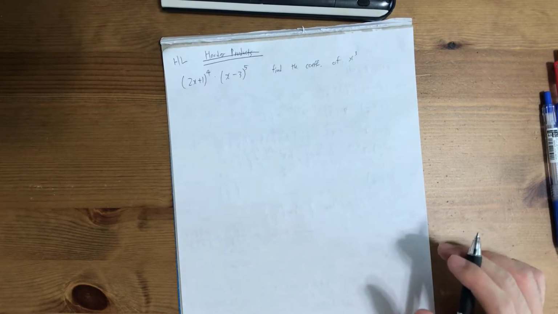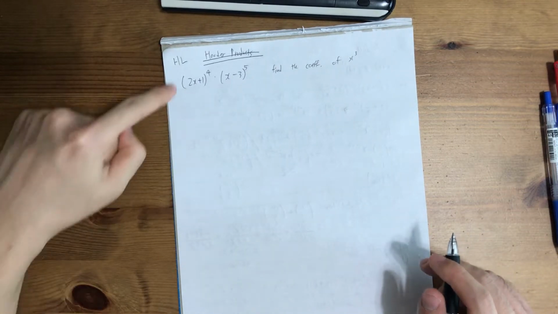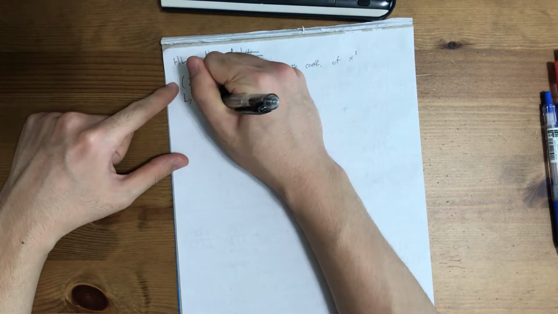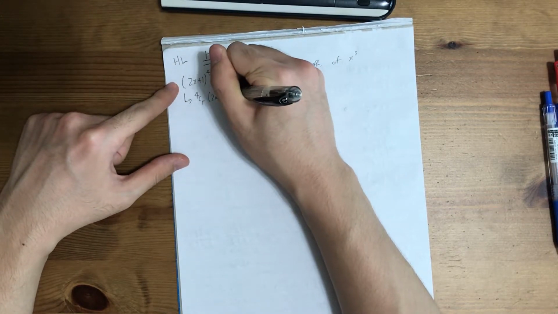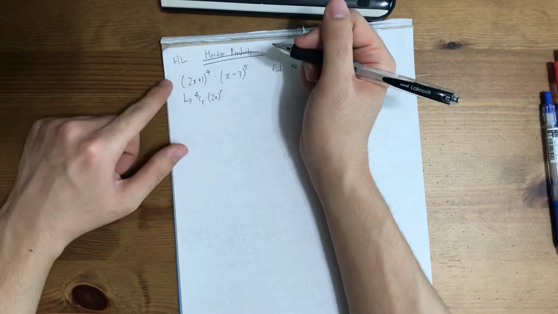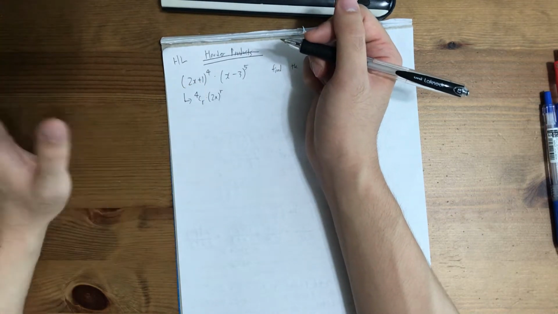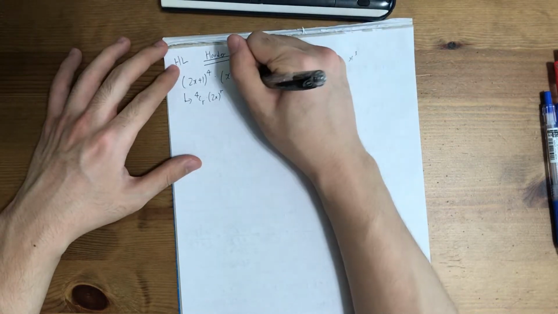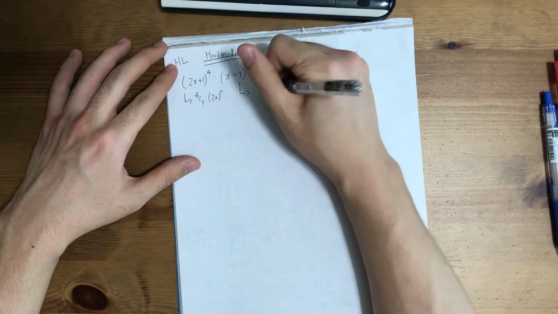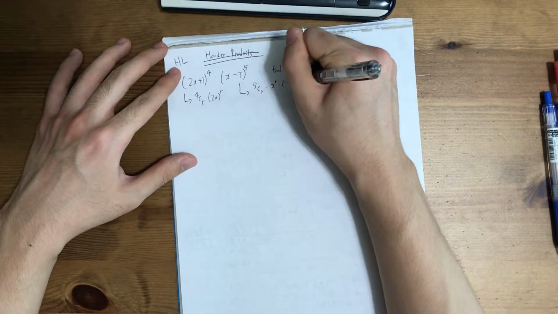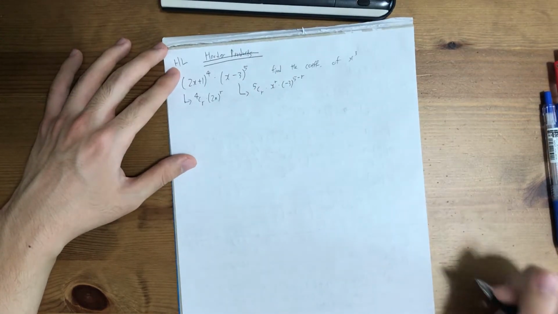Don't panic. Just use what you know. For this one, we know that the general term would be 4Cr, 2x to the r, and 1 to the 4 minus r, but 1 with any power is still 1, so forget about it. And from this one, we will have 5Cr, x to the r, and negative 3 to the 5 minus r, right?